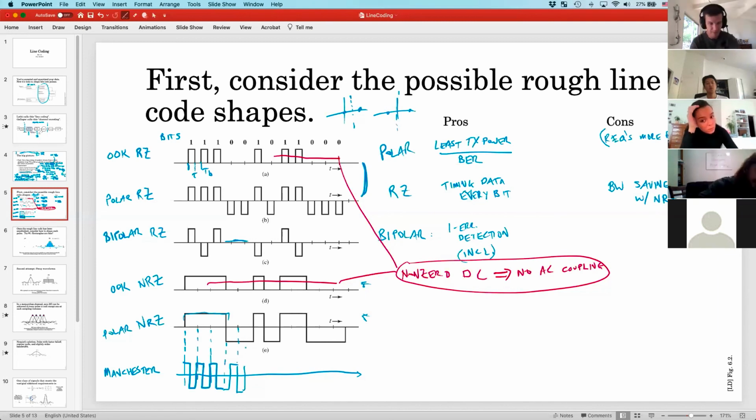And then a 1 bit would be high and then low. So if my drawing is not doing it for you, a 1 is high then low. A 0 is encoded low and then high, where low is negative, not 0, and high is positive, not 0.